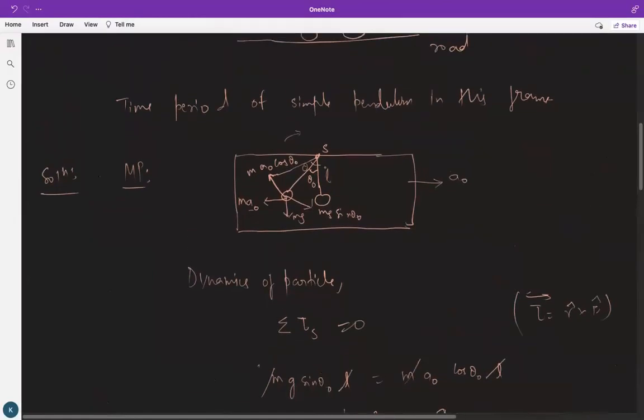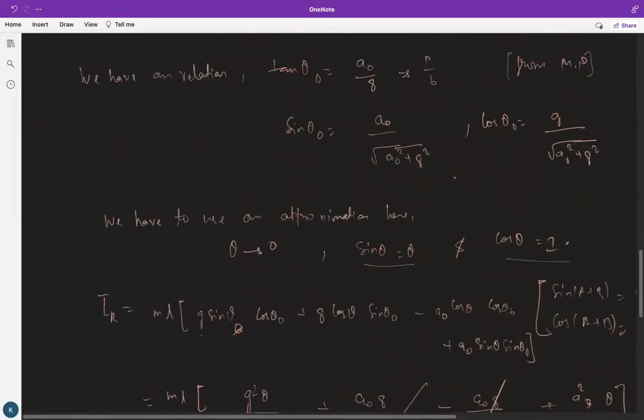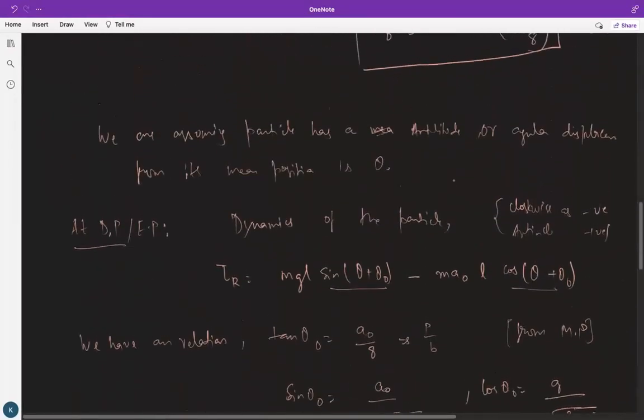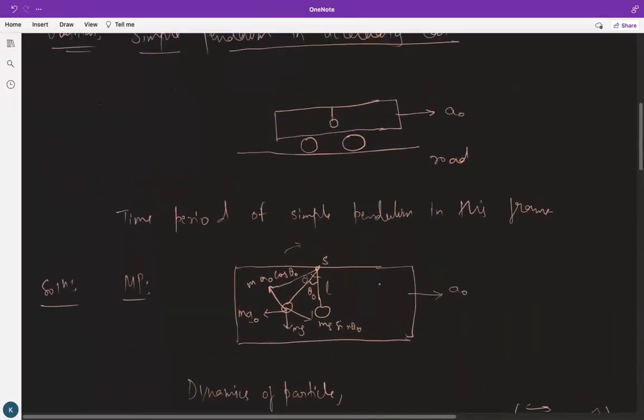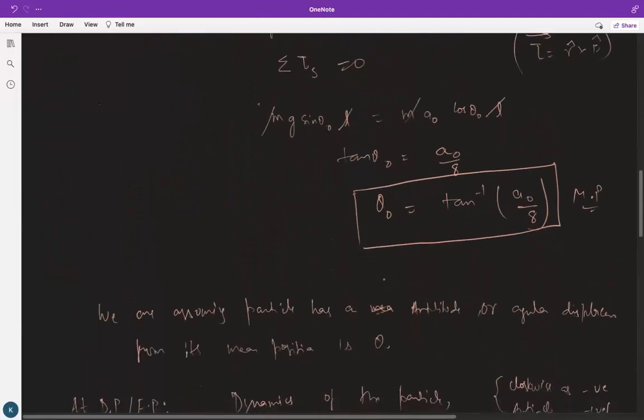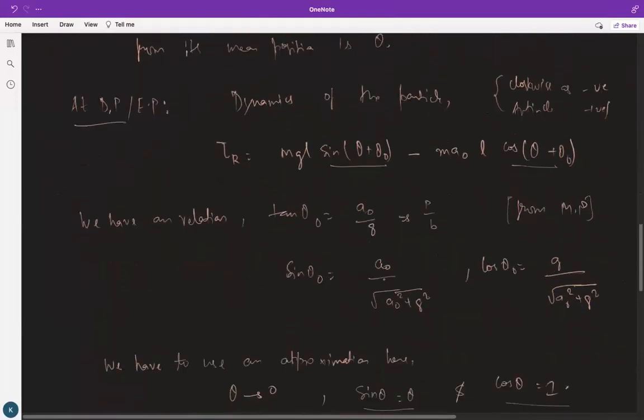If the acceleration is a naught, our time period is 2 pi root under L by a naught square plus g square, right? Now if you look at this problem, we have to use multiple kinds of approximations at each stage, right?